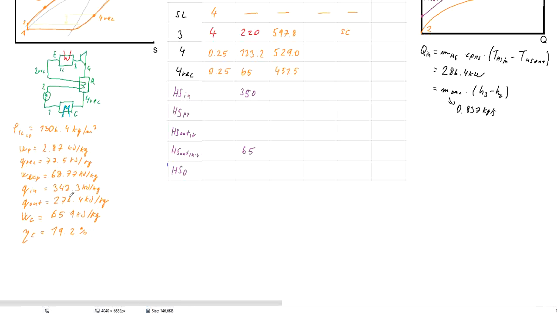As the work of the cycle divided by heat input, or also it needs to work as heat input minus heat output divided by the heat input.